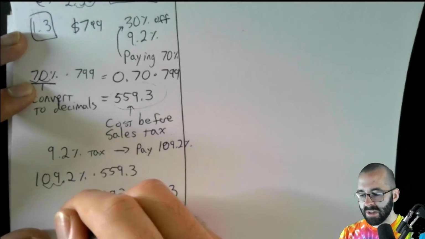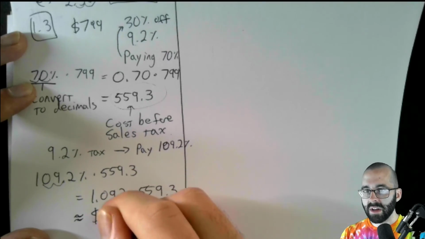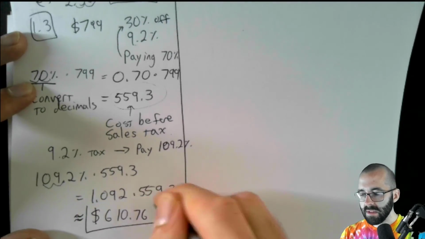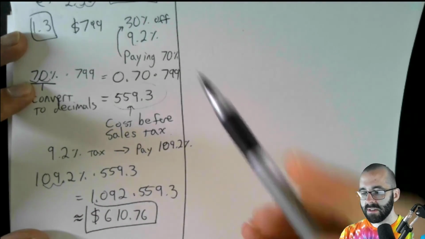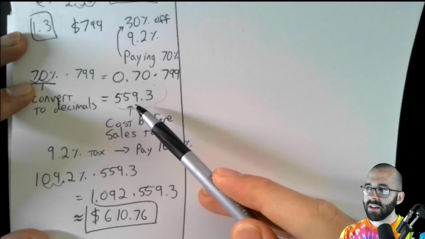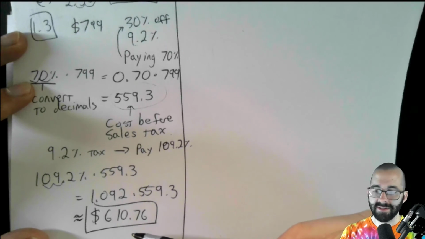There are a lot of decimal places in our answer, but we're going to round to the nearest cent. We're going to get $610.76. This is how much we're paying for our TV. It was 30% off, which marked it down to $559, but we had to add sales tax, and the sales tax added another $50.